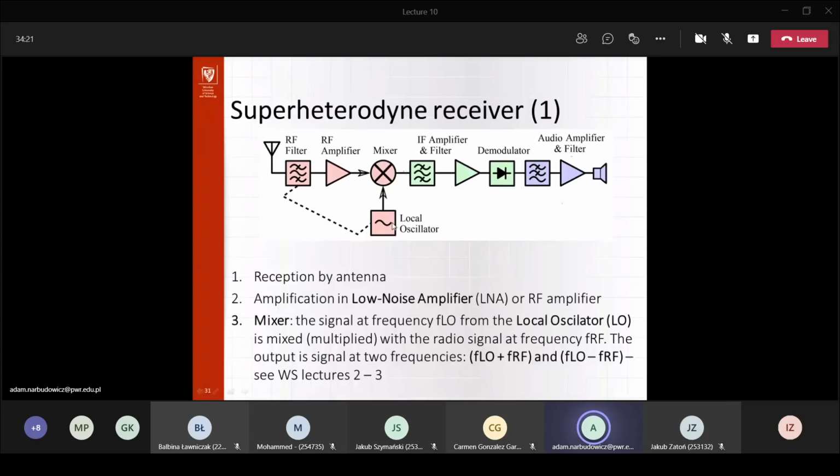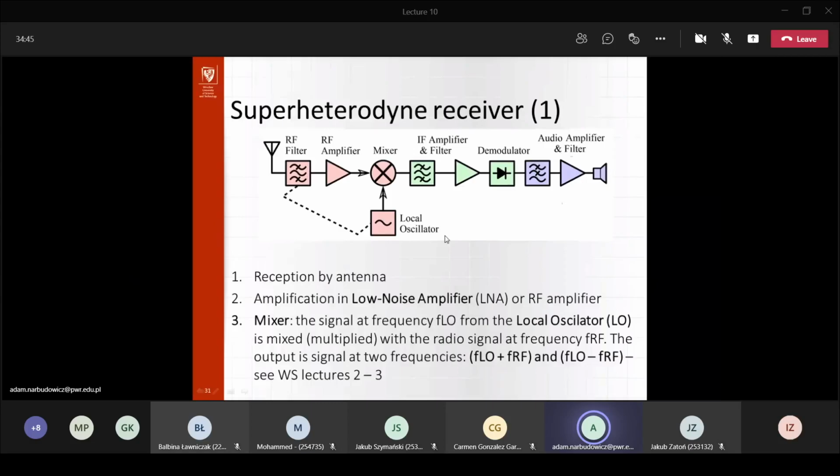So that means we have a so-called local oscillator. This is typically a very stable signal generator on the receiver side, which generates the fc carrier frequency that we can multiply with the mixer.